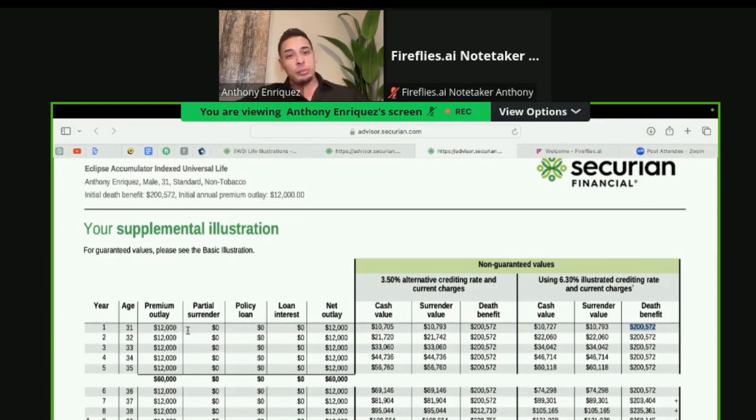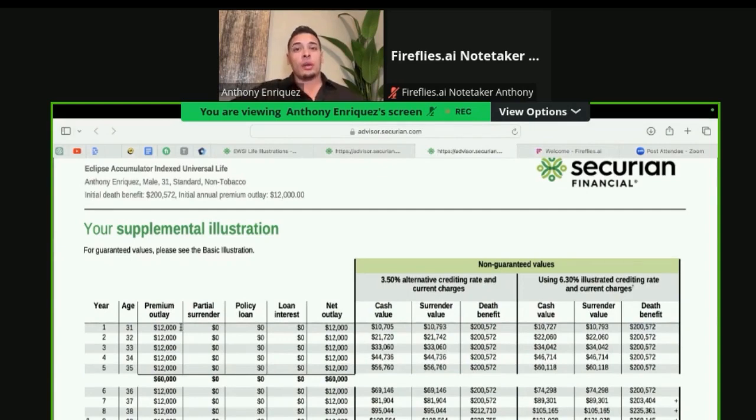Because if I do put in even $1 more, it becomes a taxable event. So this $12,000 here is known as the MEC limit. Your MEC limit is the maximum premium allowed by the IRS in one given year.